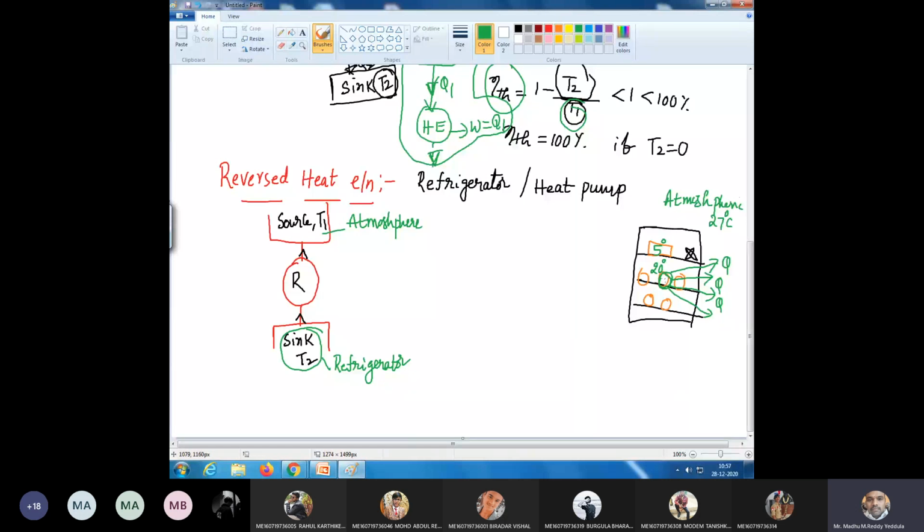In order to remove the heat, we supply certain work by using a compressor. So this is the work supplied to the refrigerator. Therefore it extracts Q2 from the sink, nothing but your refrigerator, and supplies Q1 to the atmosphere. Is this figure clear? Any doubt in this figure?